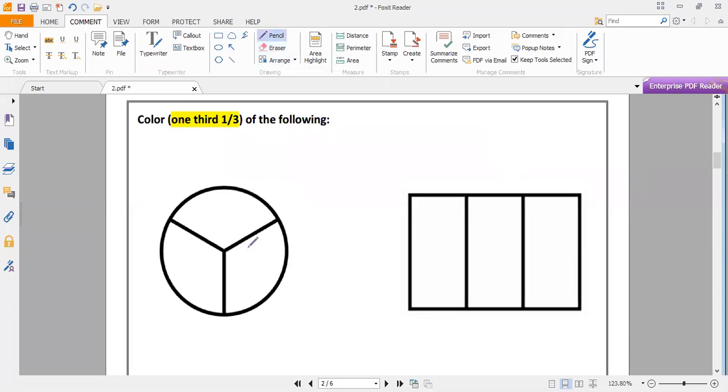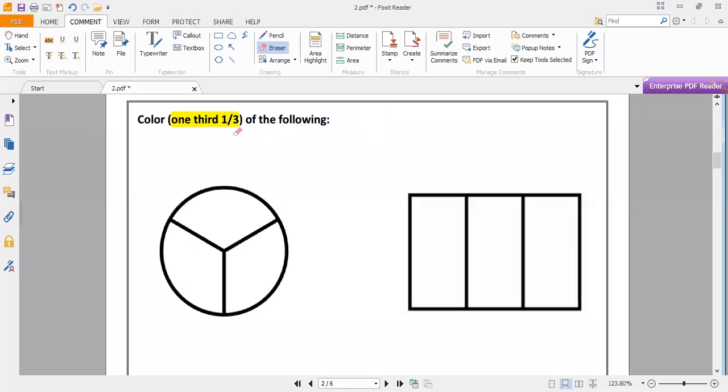Yes, honey. The question here is color 1/3. 1/3 means color one part only. The upper number here means color one part only. I saw that in fourths, maybe you colored all the parts with different colors. No, I want you to color only one part.